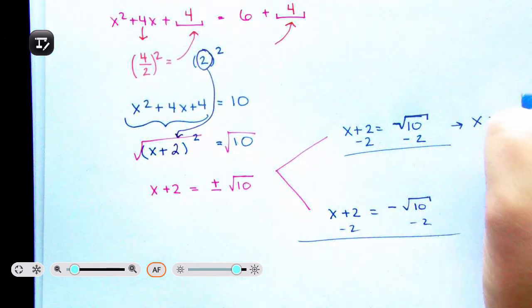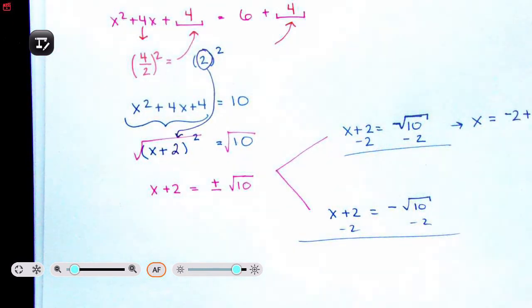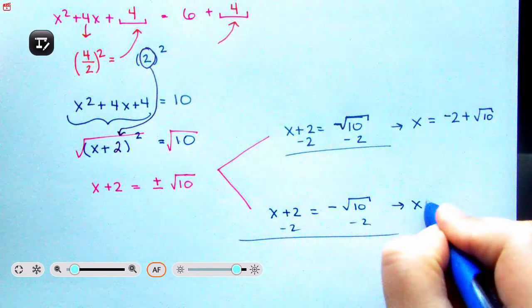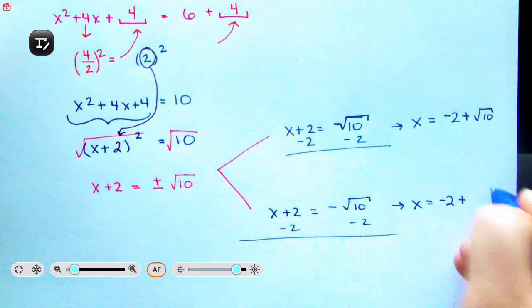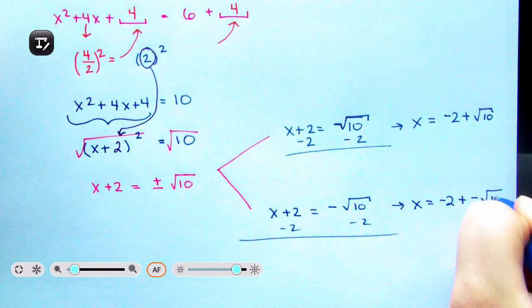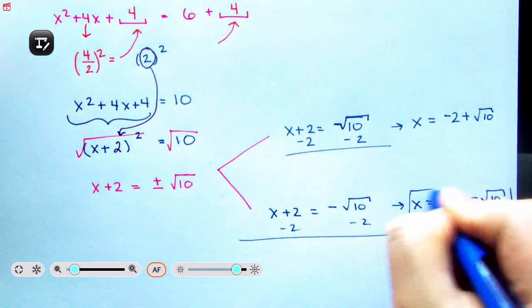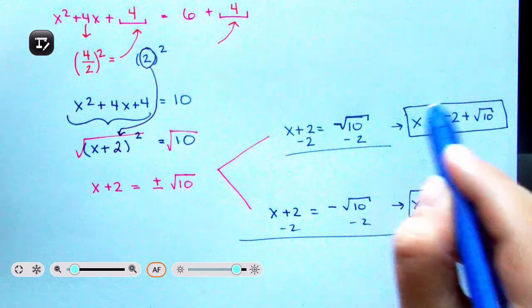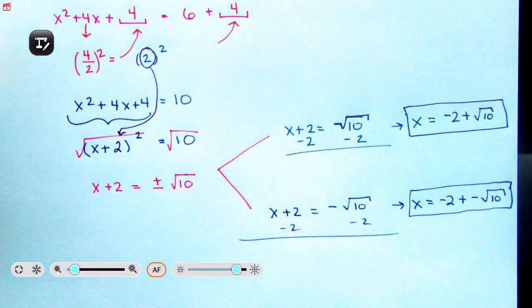I'm going to say negative 2 plus root 10. And then here we have x is equal to negative 2 minus root 10. And again, these are icky answers. They're not pretty answers, but that's okay because all we care about is solving for x. And there you have it. You solved for x and you're done.